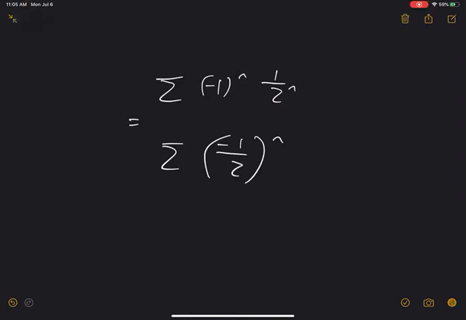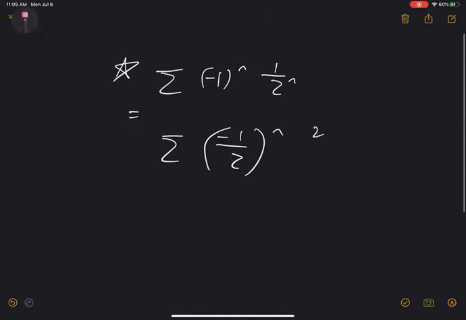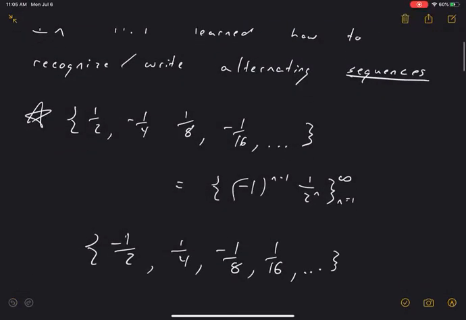It's just that on top, I've split off that -1 by itself. So these are both alternating series, okay? And they behave the exact same. So we need to be able to recognize that this thing on the bottom is the same as the top, that it's an alternating series. So that's the one little caveat there. We need to be able to spot these alternating series.